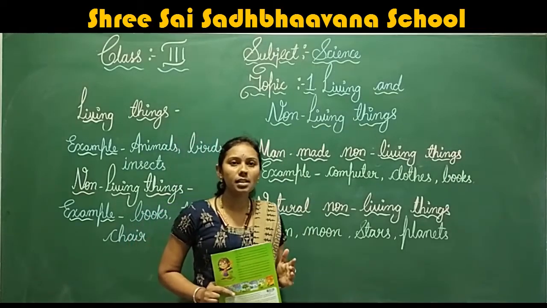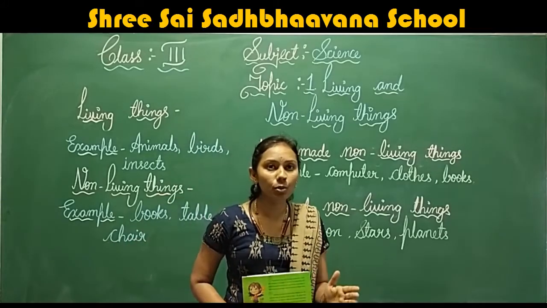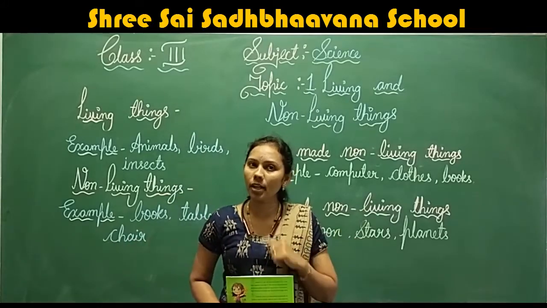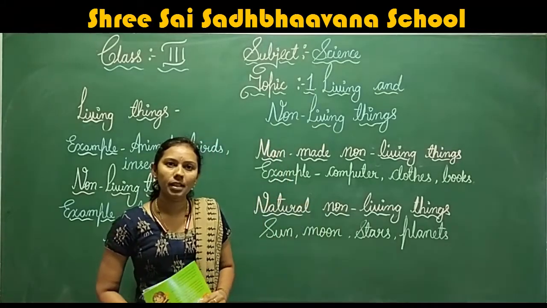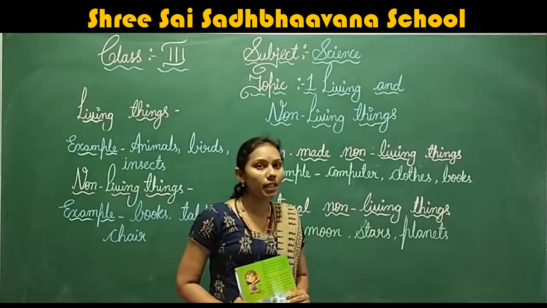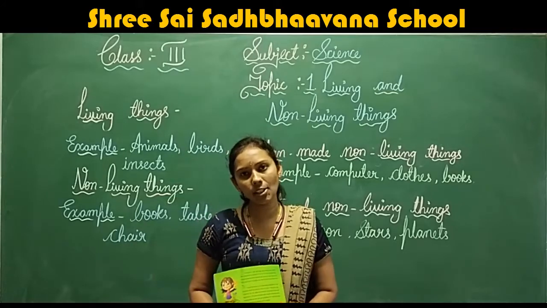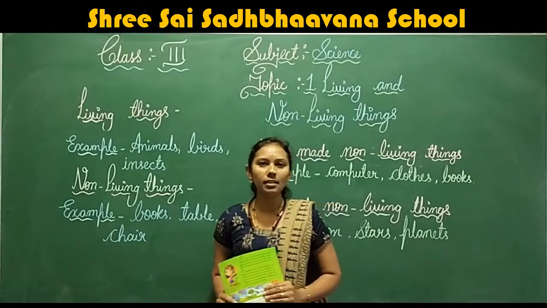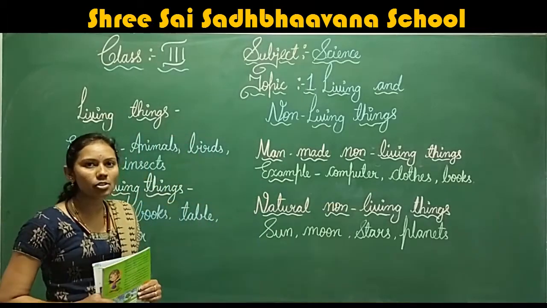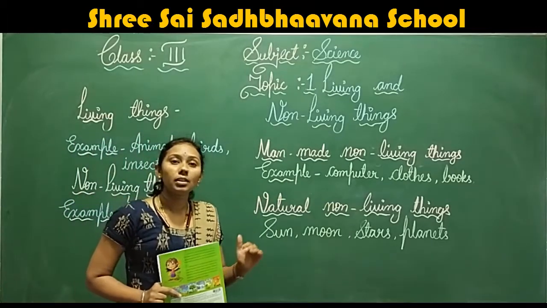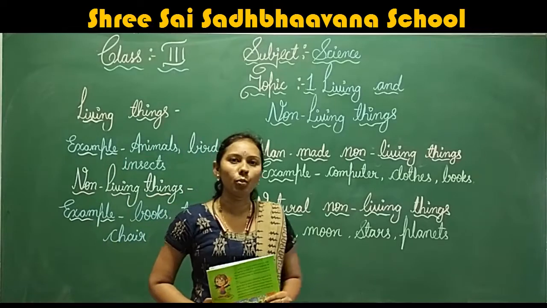Yes, these things move. Animals move from one place to another place in search of food and shelter. Right children? So these creatures are called living things. Now by this we have understood that living things move.